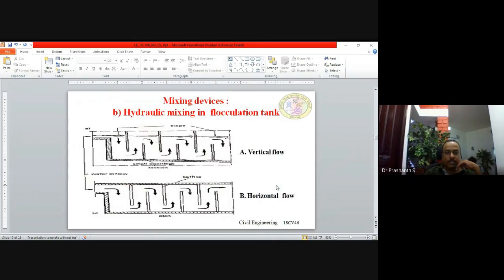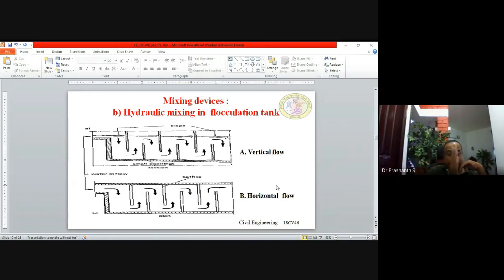And coming to the mixing devices, when the coagulant is added through the device, it has to be mixed properly. Mixing can be done using a mechanical mixer, or using flow. If you take the flow in the left, right direction and the vertical flow, the water is going to mix up with the coagulant.